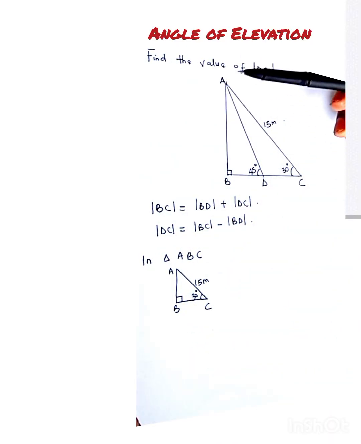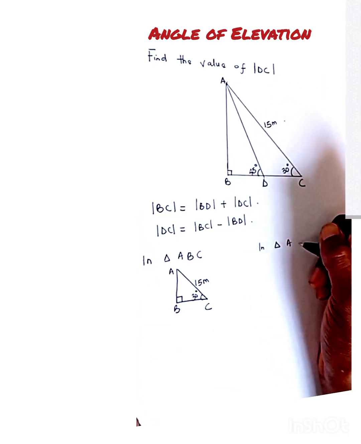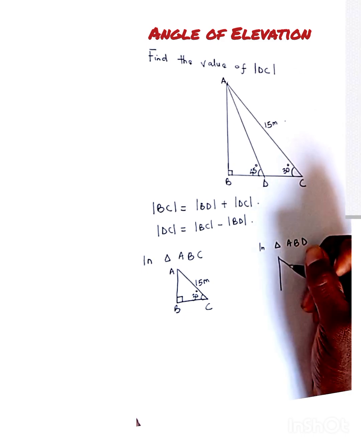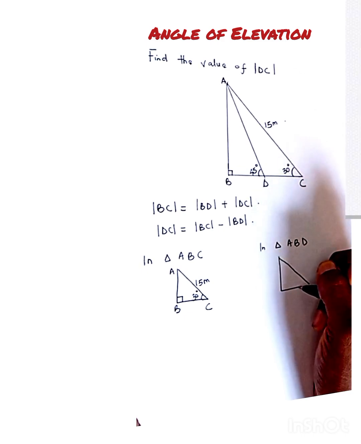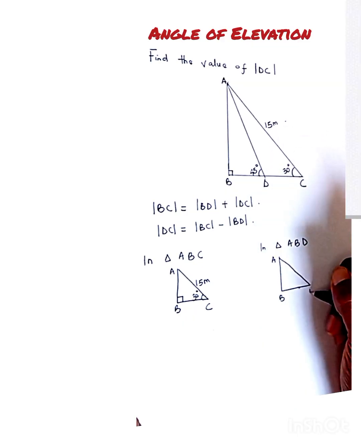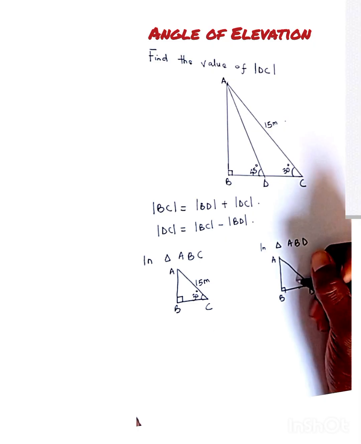Then we have another one, triangle A, B and D. So here we have 45 degree.